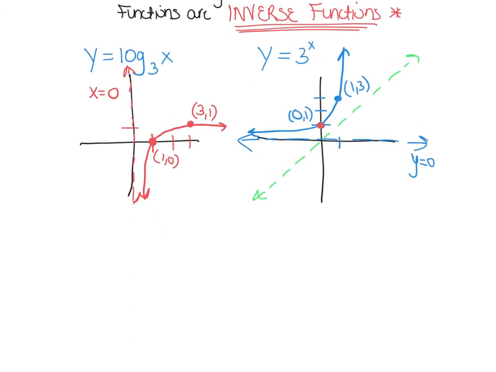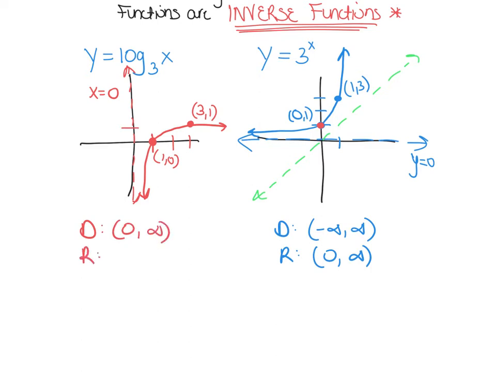Now if you look at your domain and range of your exponential growth, the domain is negative infinity to positive infinity, and your range, remember, was where we had the restrictions. So when we look at the log function, the x and y's flip. Therefore, our domain and range flip. 0 to infinity for domain, and our range is negative infinity to positive infinity.